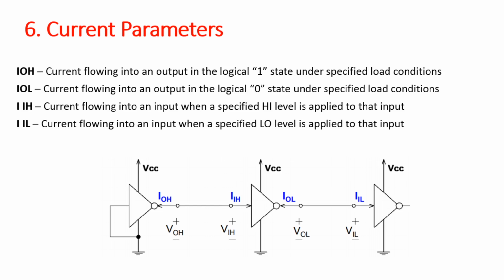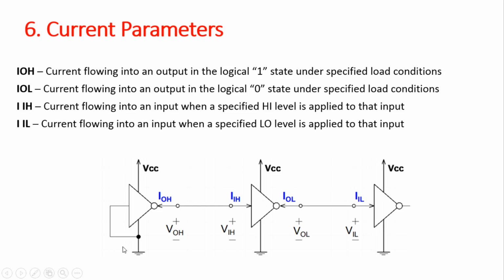Next is IIH, the current flowing into an input when a specified HI level is applied to that input. Next is IIL, the current flowing into an input when a specified LO level is applied to that input.